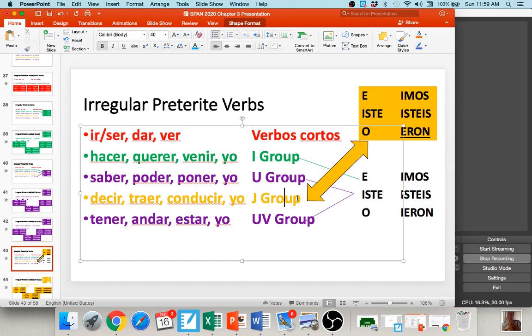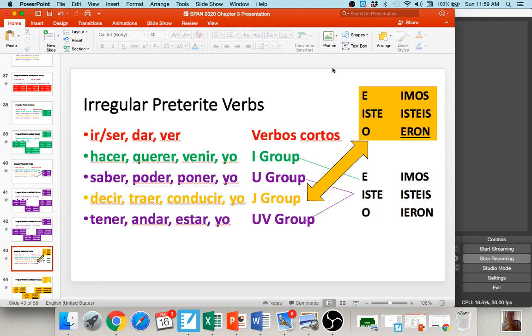This fourth line of our song, called the J group, will also use this same set of endings as all the others, except for the they form. We still have iste, still have o, still imos and isteis, but for the they form, this bottom right box, instead of ieron as our ending, we have just eron.